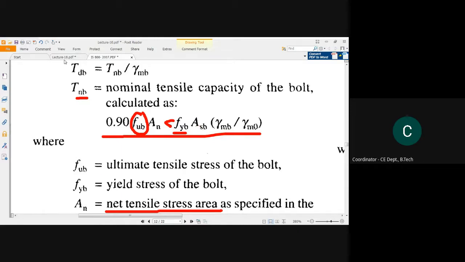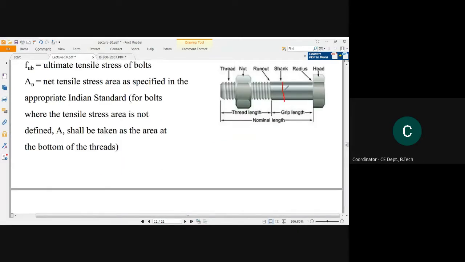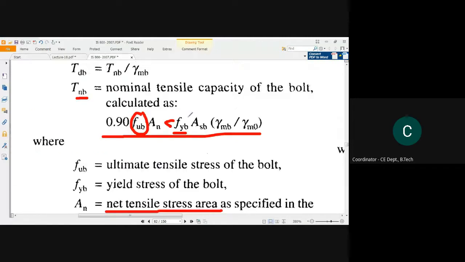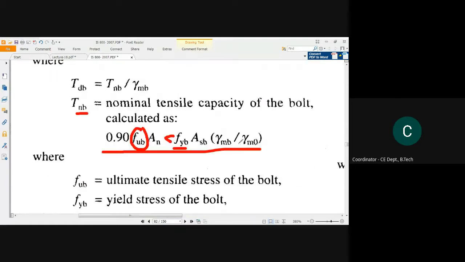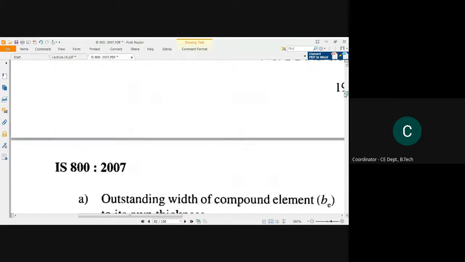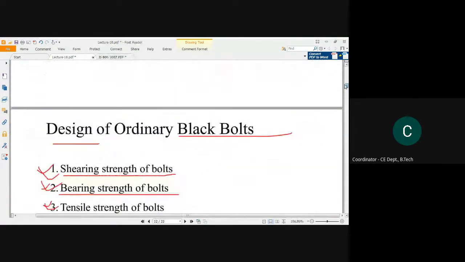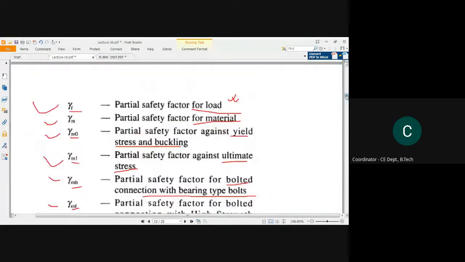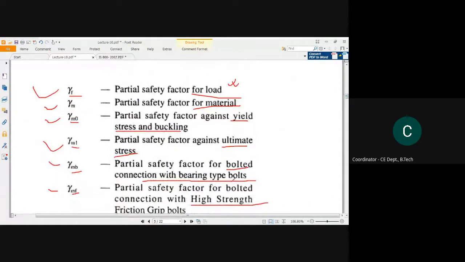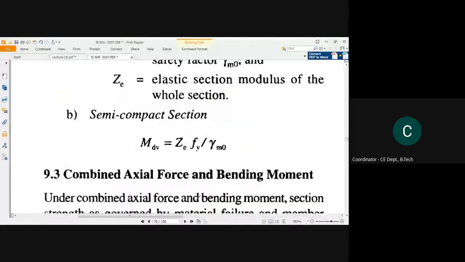ASB means the actual shank area, into gamma MB by gamma M naught. MB is the bolted connection with bearing type bolts, and M naught is the partial safety factor against yield stress and buckling.